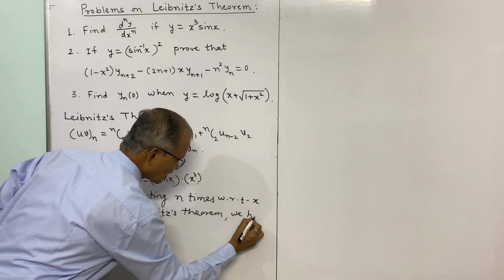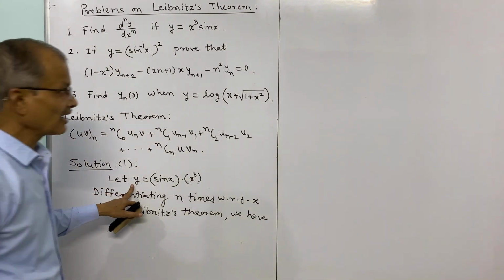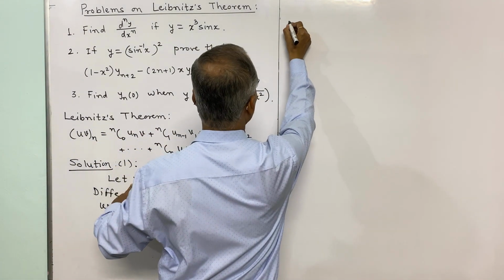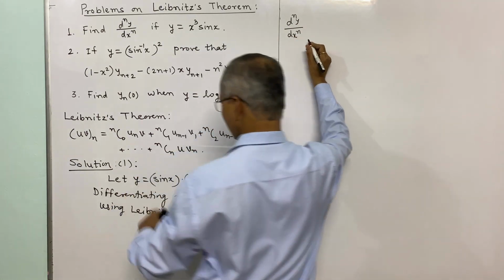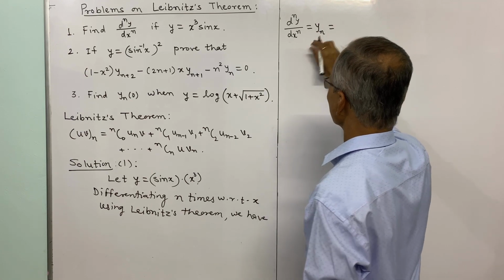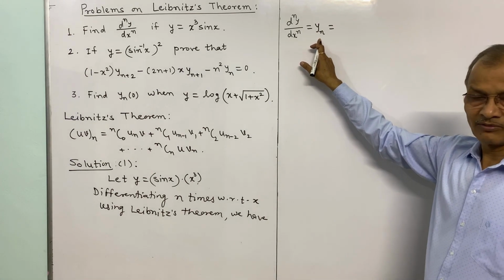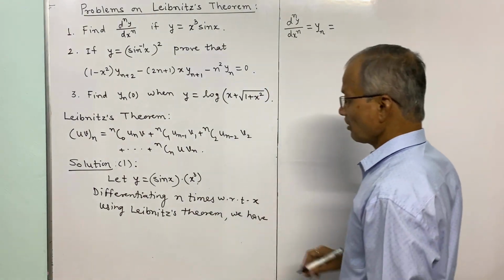We have, now you see it is y, so nth derivative can be written as d^n y by dx^n, or we have used this type of notation, suffix n means nth derivative of y. And now on the right side, what is the first term?